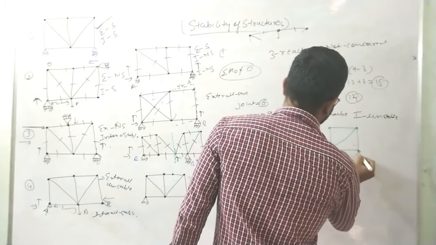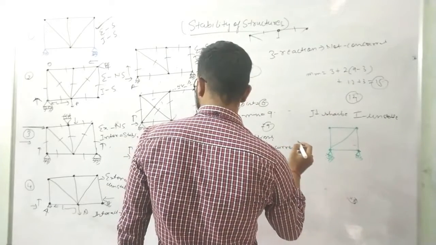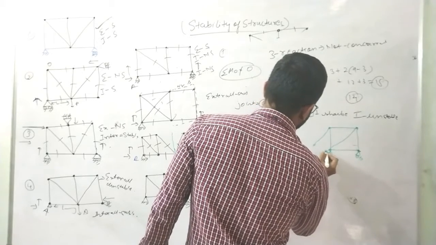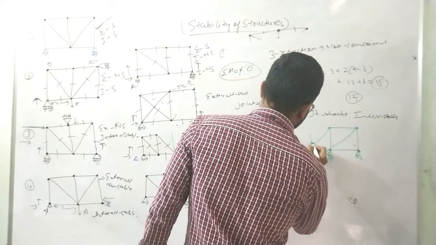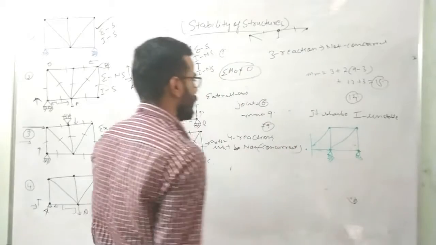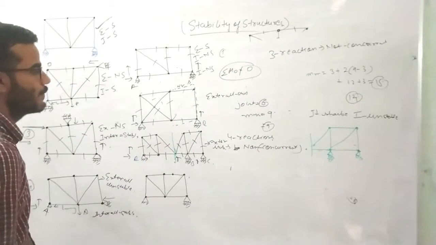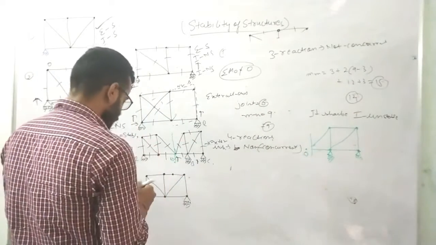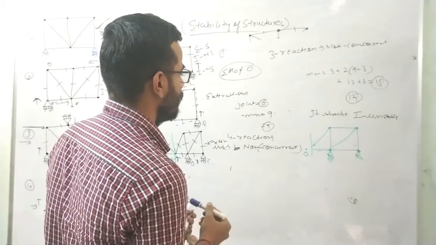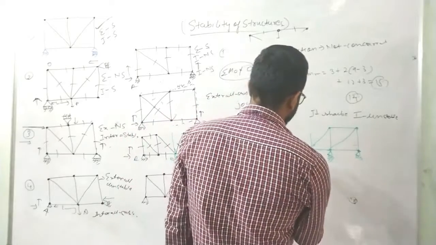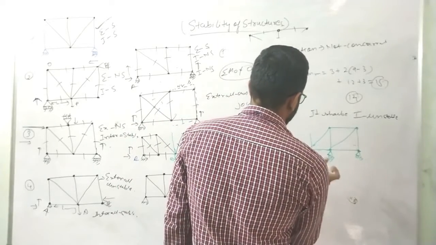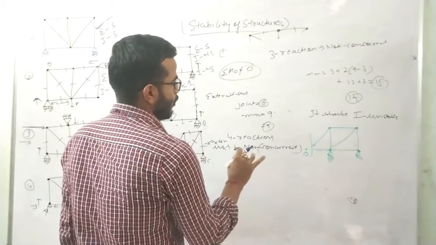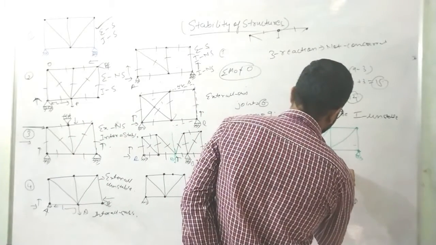This is my roller support. If I cut the section just right of the pin joint and calculate the moment about this point O, the moment about point O will be, if some reactions are there, some reactions will be there.